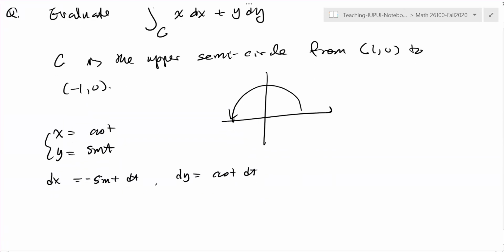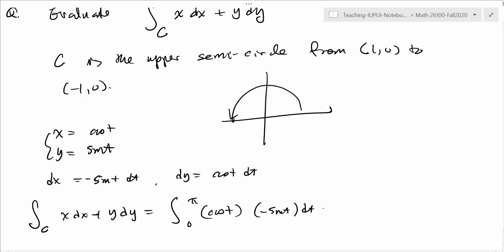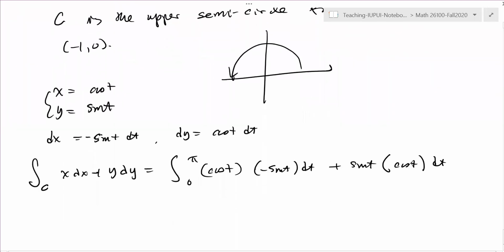So this integral is just from 0 to pi, x is cosine t, and this negative sine t dt, plus y is sine t, then you have cosine t dt. Then you add them together, you get 0 dt, so the answer is 0. The answer is 0.